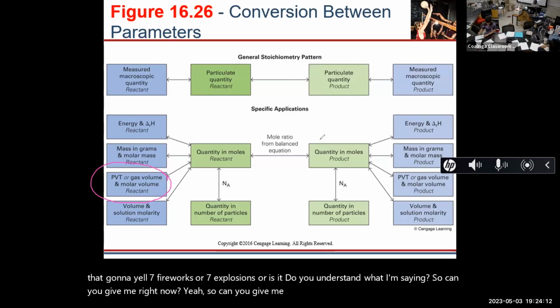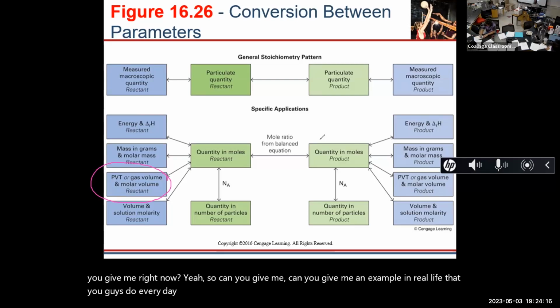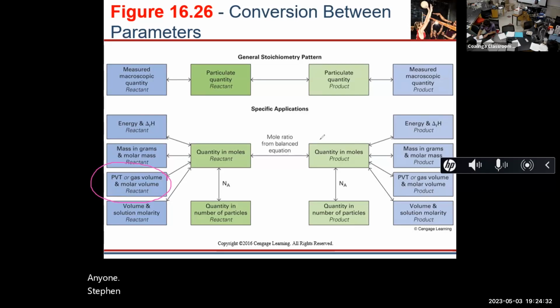Can you give me an example in real life that you do every day where you're using a balanced chemical equation? Anyone? Stephanie? Breathing?